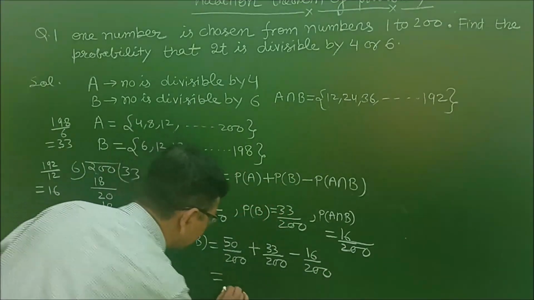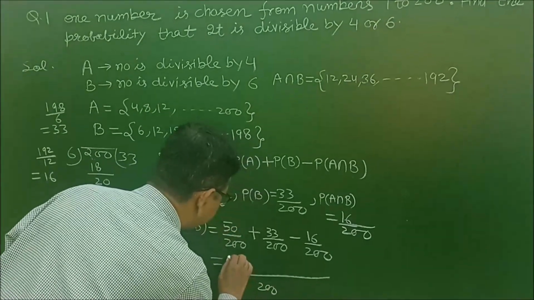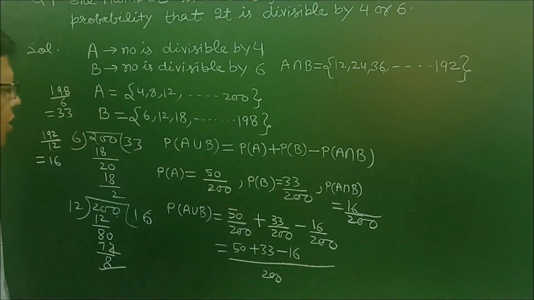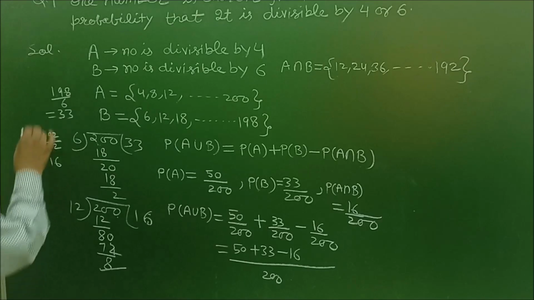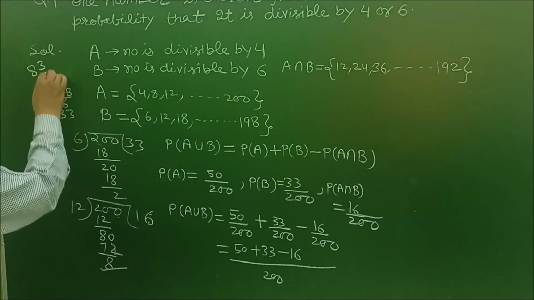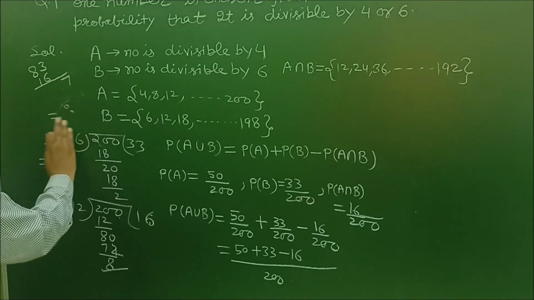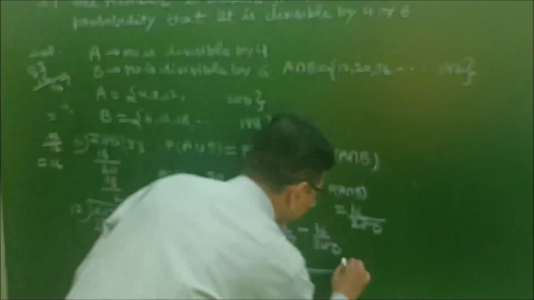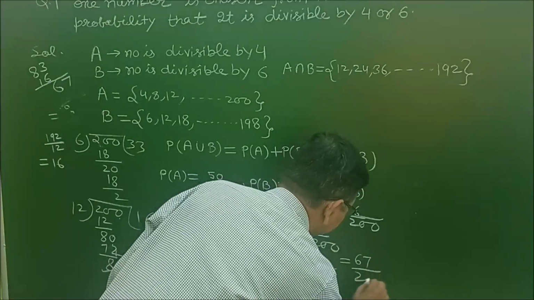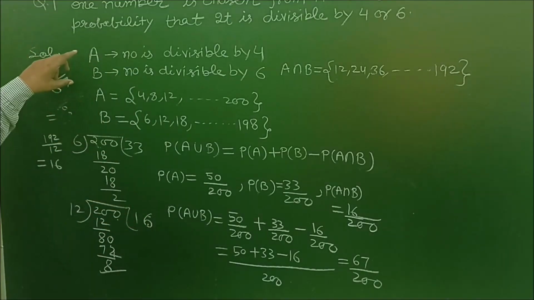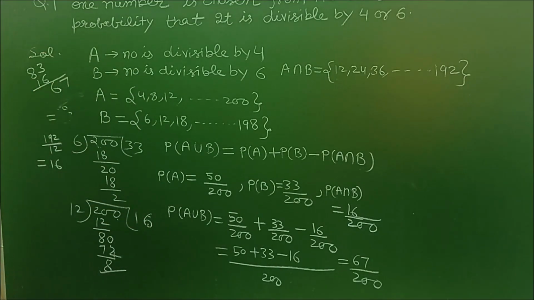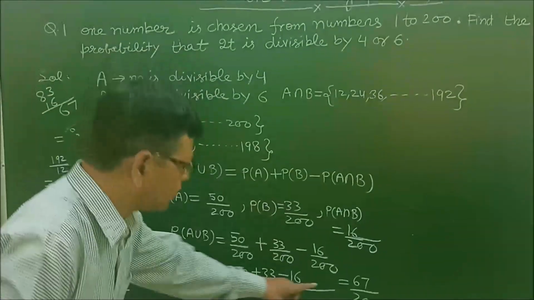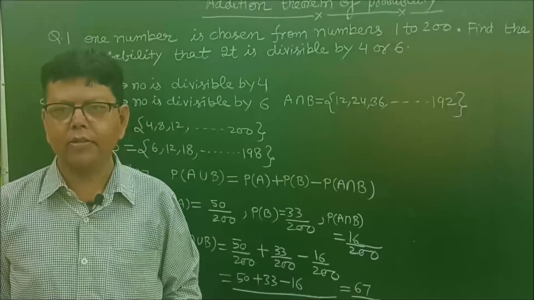On taking the LCM we get 50 plus 33 minus 16, that is 83 minus 16, which is 67, upon 200. So the probability that the number is divisible by 6 or 4 among the numbers from 1 to 200 is 67 upon 200.